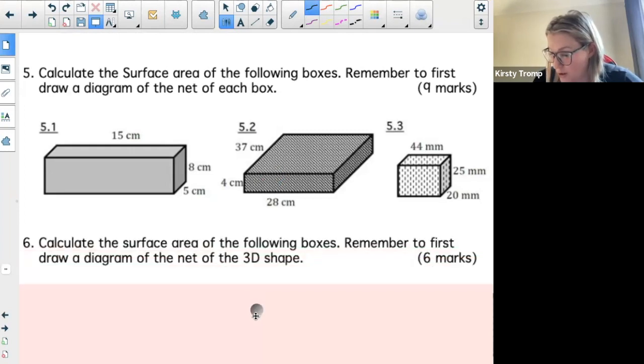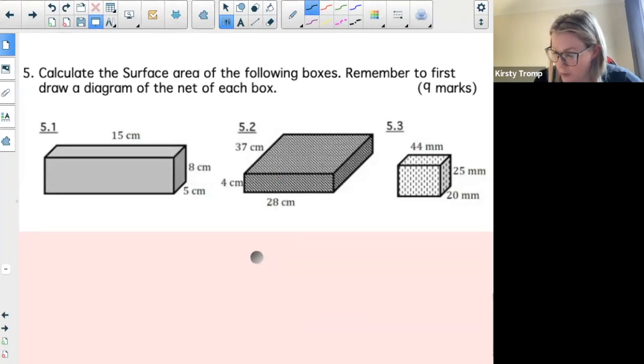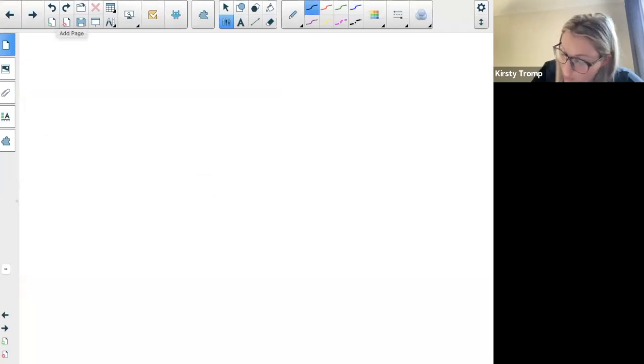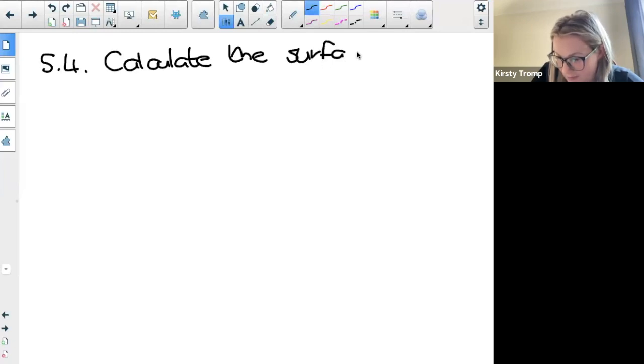So I'm going to do a 5.4 for you. Okay, see if I can do a 5.4 for you here. So let's insert one here for you. We're going to say 5.4. So you're going to calculate the surface area of the box.